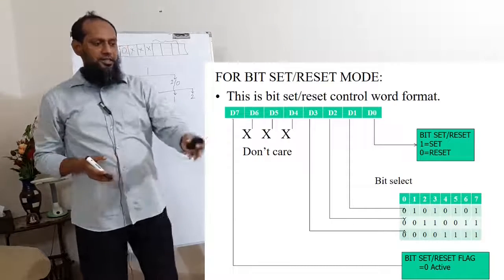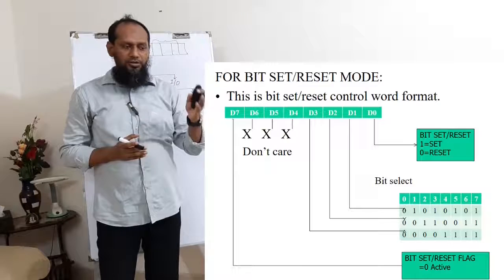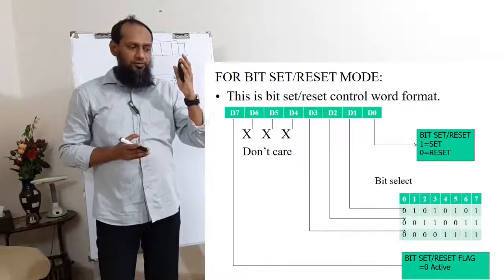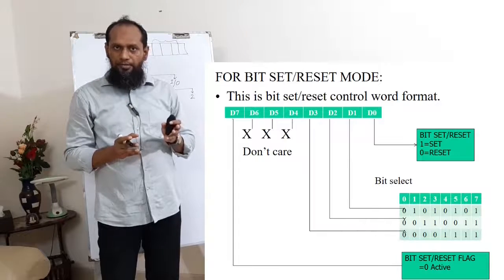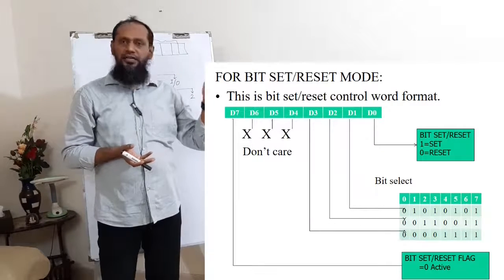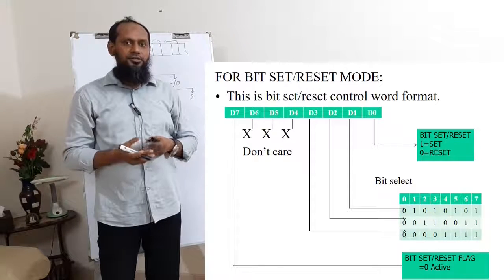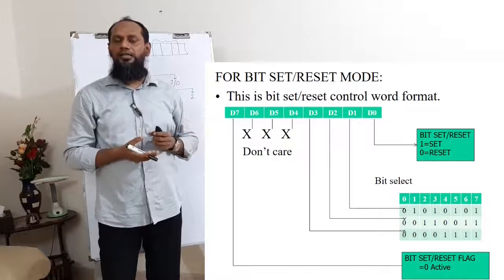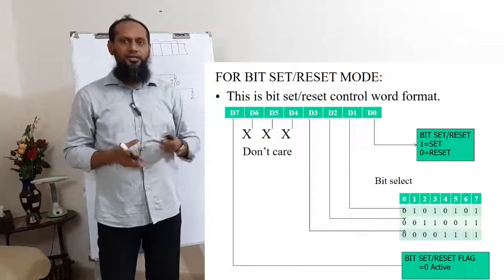You can see by this word format, D0 is for set or reset, then D1, 2, 3 are for selecting the pin number, the next 3 bits are don't care, and the last bit D7 is for selecting the mode, whether it is set reset or IO mode. So here this is 0 and it's bit set reset mode.